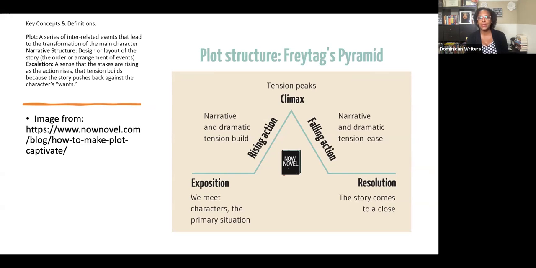And interestingly enough, there's a lot of pushback to Freytag's pyramid because a lot of people think it's just very patriarchal, and it's mimicking this concept of male orgasms, and that this entire thing is very much furthering the patriarchy.